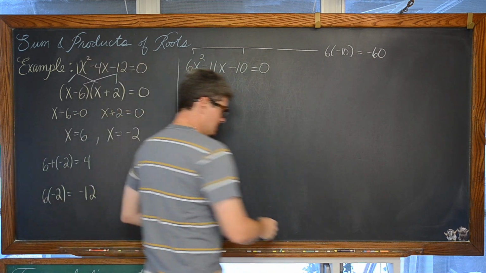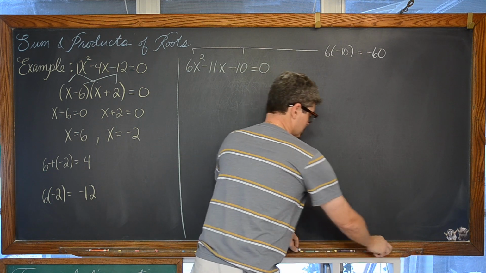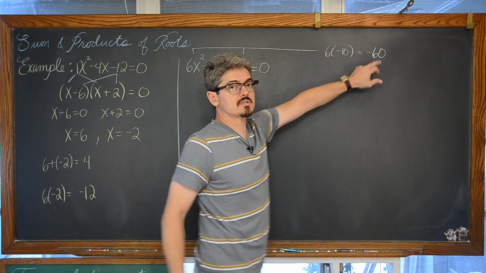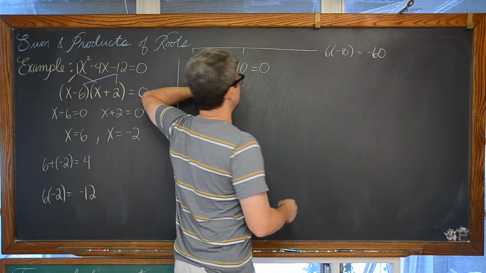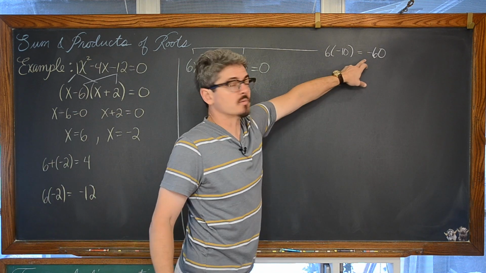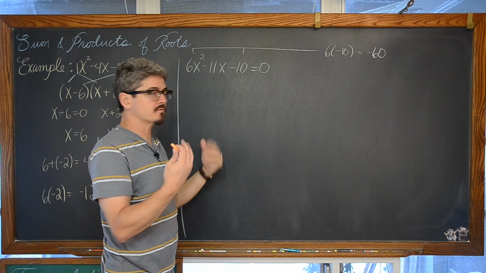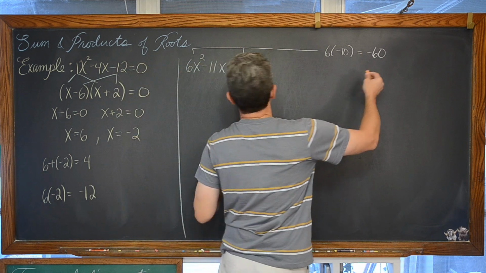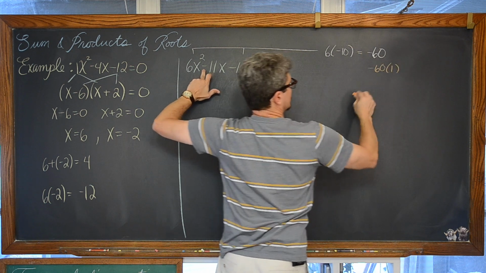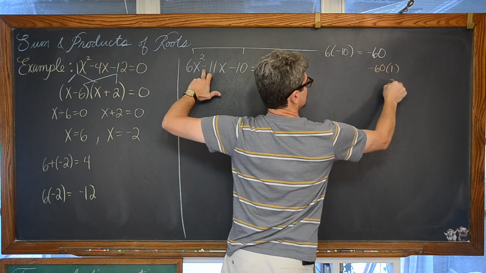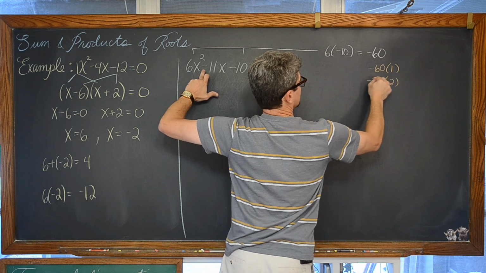Now, we're going to be looking for factors of this negative 60 that add to the middle term of negative 11. And we do have a product which is negative, so we're going to have to use factors, of course, that have different signs. We have something like negative 60 times 1. We have 2 times negative 30.